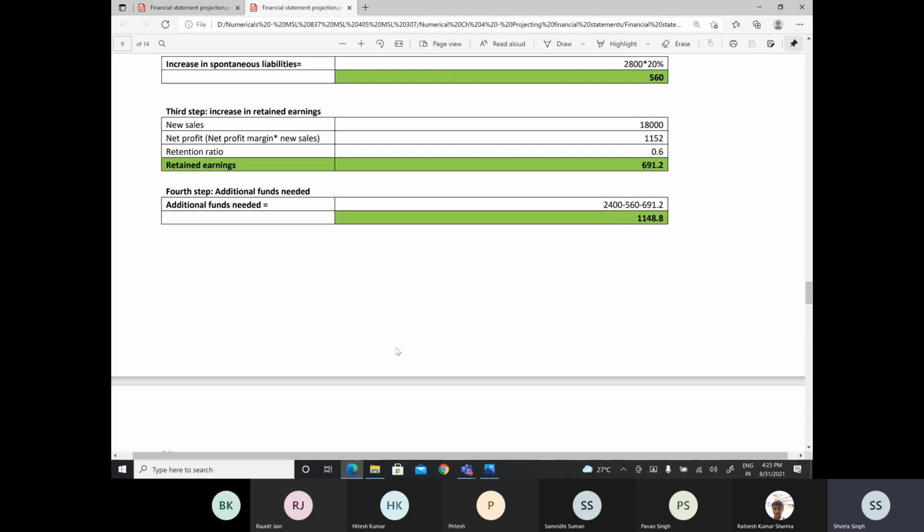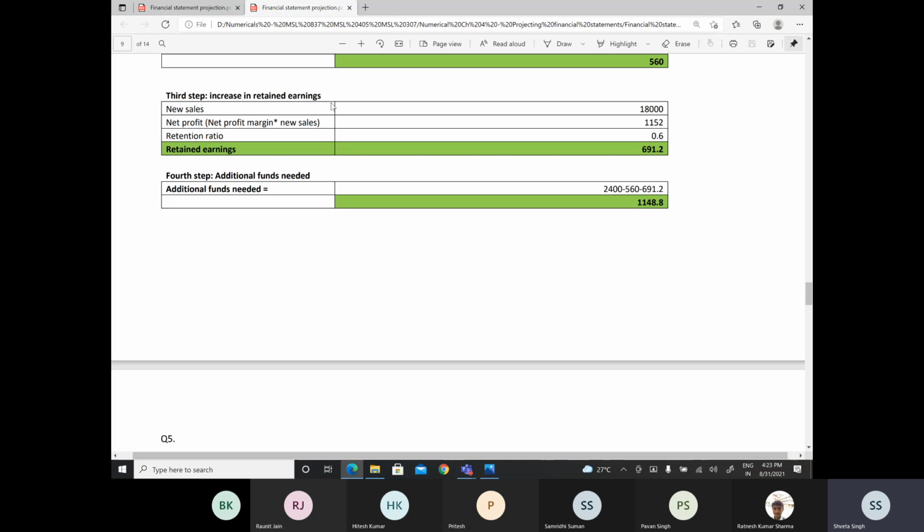The third step is to calculate the increase in retained earnings. So we know that the new sales will now be 18,000 because we're expecting a 20% increase. The new profit will be net profit margin into new sales, which is 1152. The retention ratio we know is 0.6. So the retained earnings that we'll get is 691.2. So what would be the additional funds needed?